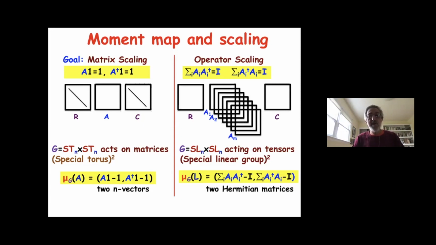Okay, so we see that scaling somehow is a natural problem from this point of view, even if you didn't have any other reasons to scale objects. It's the same with the tensor scaling, and all the problems I mentioned afterwards. Okay, so the moment map is 0 if and only if V is scaled.